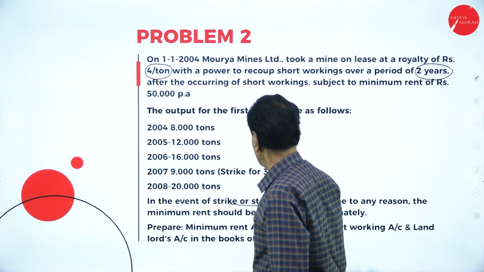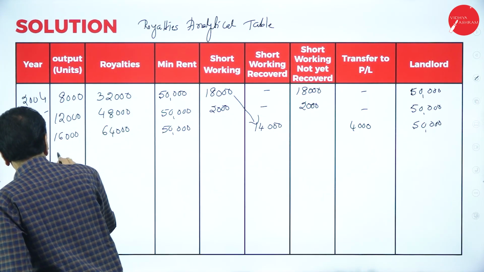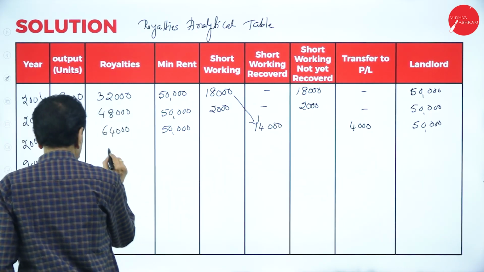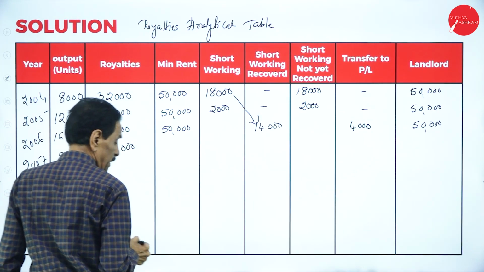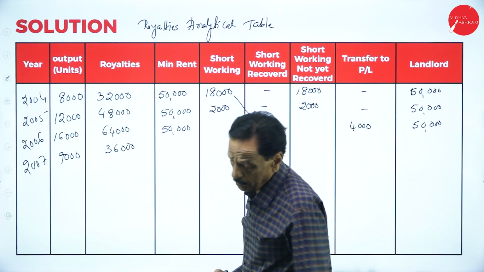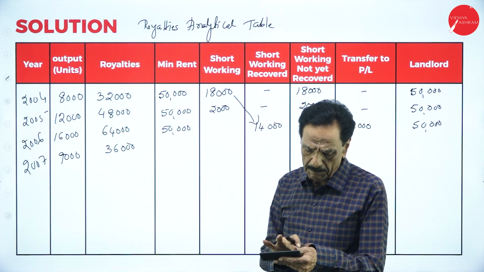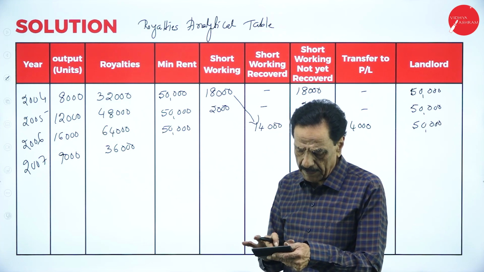2007. This is a straight period. 9,000 tons, 36,000 is your royalty, per ton 4 rupees. Minimum rent is reduced proportionately, 50,000 per annum into 9 divided by 12.